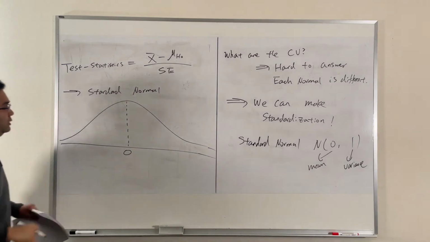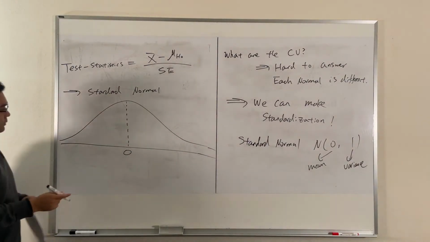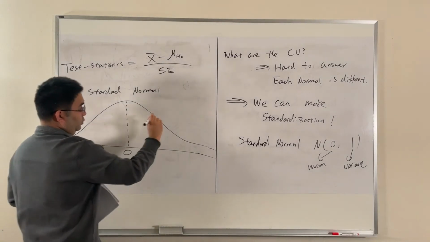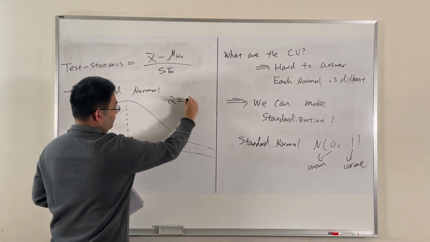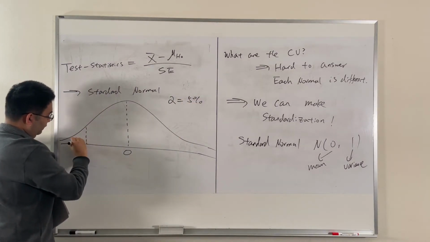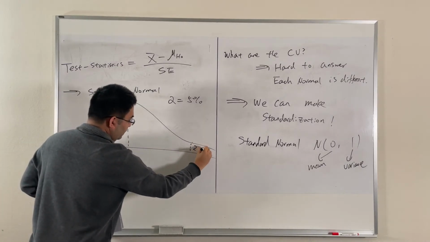After you do the standardization, 0 is the mean, and if we're doing alpha equals 5%, then this is 2.5% and this is 2.5%.